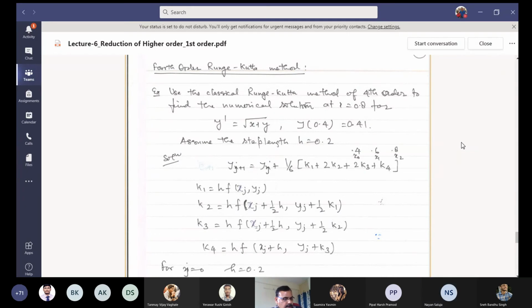K3 or K4? K3 is 0.2009975, and then K4 is 0.22000906. Correct. So now you put all the values.